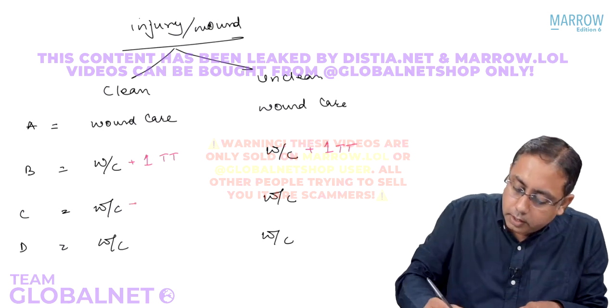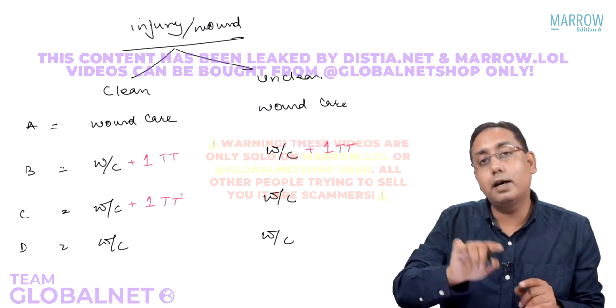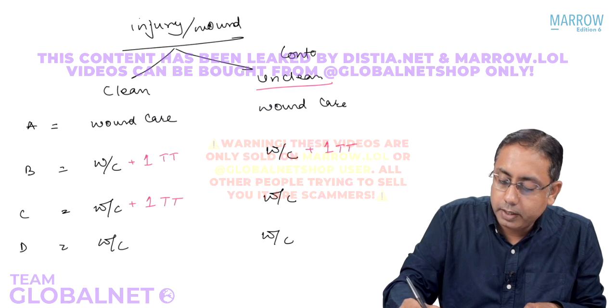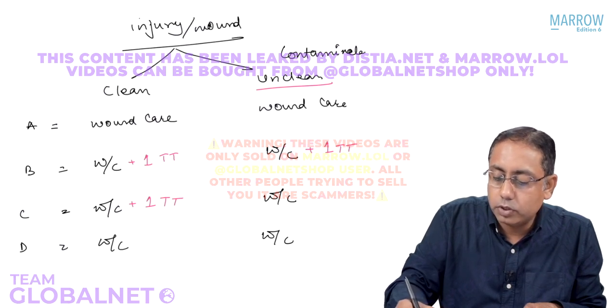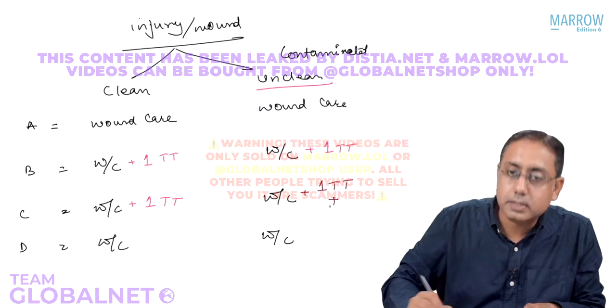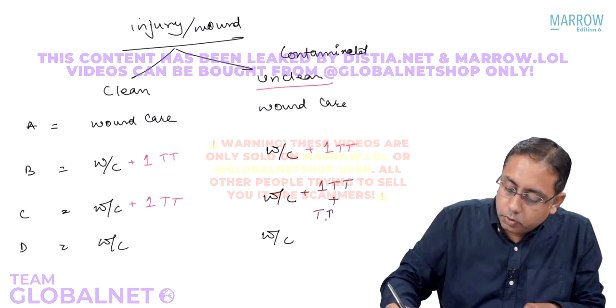In case of a clean wound, again you will give 1 TT toxoid, but in unclean or contaminated wounds, infected wounds or open wounds, in those cases we will give 1 tetanus toxoid plus tetanus immunoglobulin.